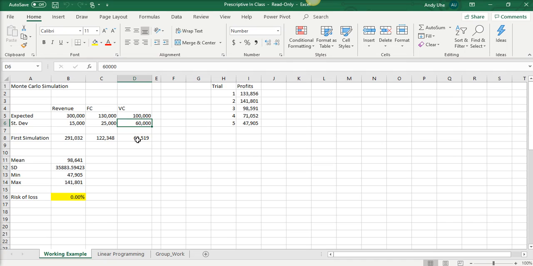It's fluctuating wildly, is what we'd expect. But let's run some simulations and see what our minimum expected output and maximum expected could be.